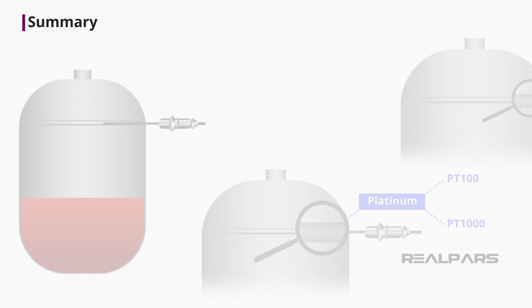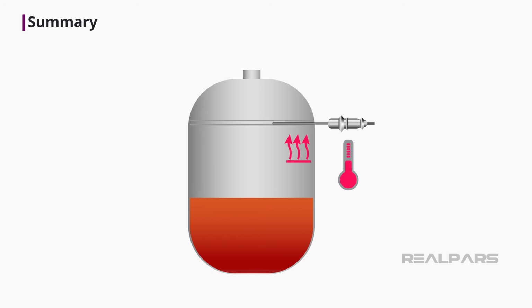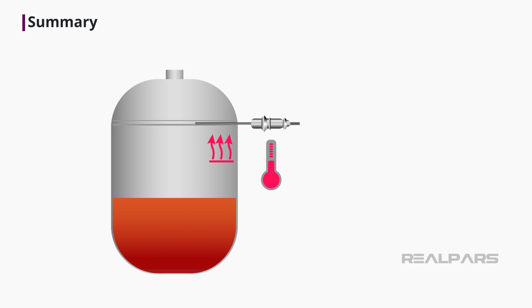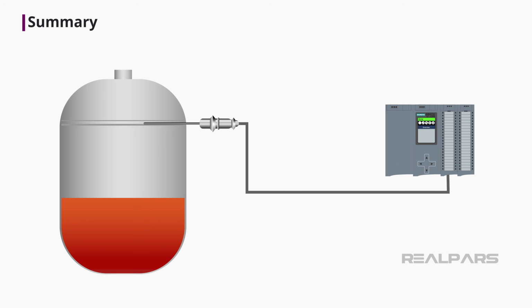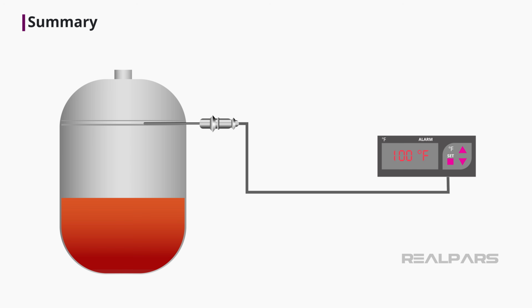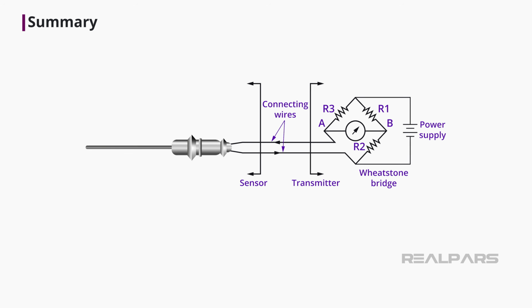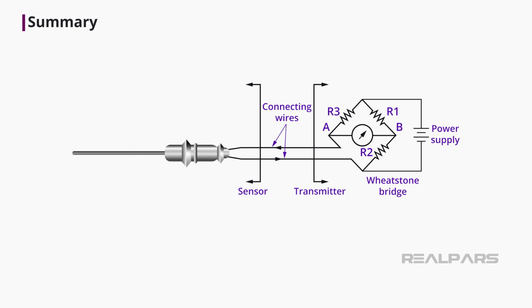A material's resistance is relative to its change in temperature, as its atoms absorb or disperse more energy, making it harder or easier for electrons to flow through it. Some sort of a temperature transmitter, which can also be a PLC module, DCS, or even a PID controller, is needed to transform this measured resistance change into a useful signal, such as voltage or current. A Wheatstone bridge is used for that purpose.